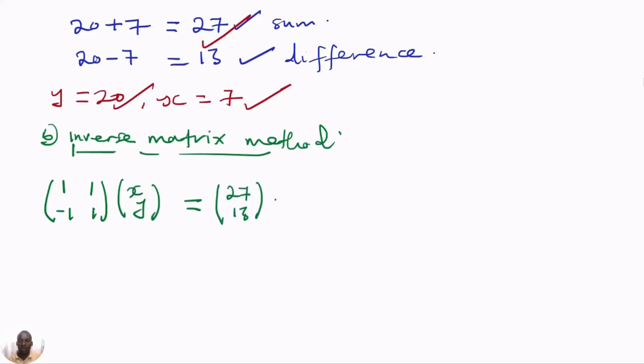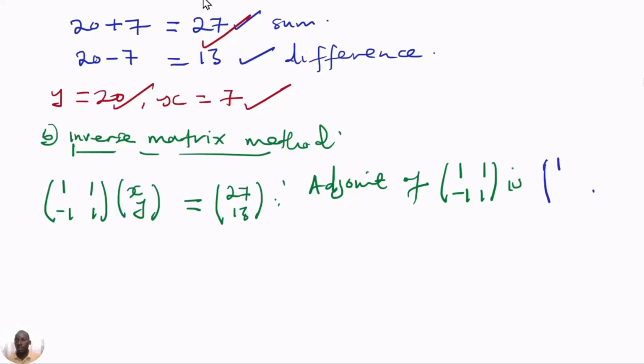So in here, we say that the adjoint of the matrix, which is 1, 1, negative 1, 1, is, so we interchange the entries in the major diagonal. We interchange them, then we apply the negatives on the entries in the minor diagonal. So this is our adjoint or adjunct.